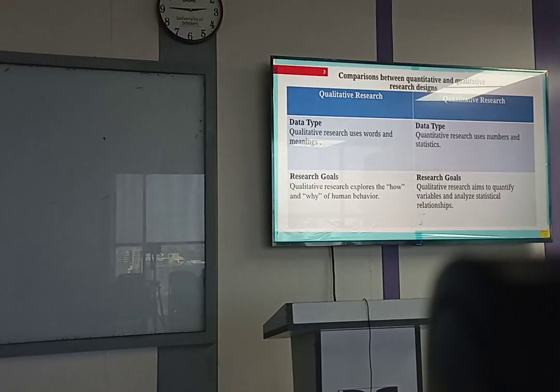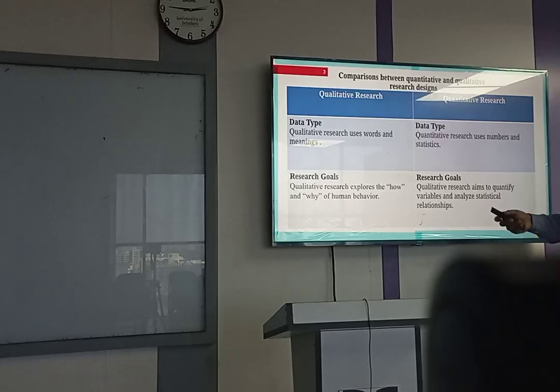So, comparison between qualitative and quantitative research design. First, data type. In qualitative research, words and meanings are used. In quantitative research, as you can see, it is mentioned, quantitative research uses numbers and statistics.